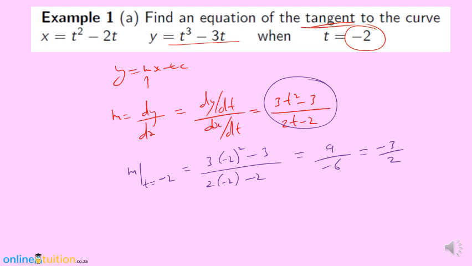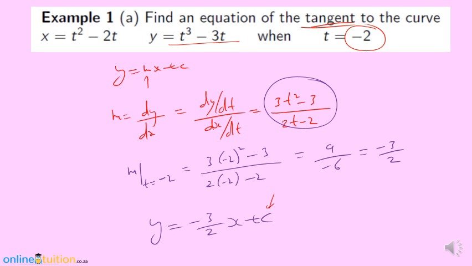So the tangent has equation y equals minus 3 over 2 x plus c. Whoa! Now we need to find c. How do we do that? Well, in school, if you remember, or way back in time, if we need c, we need an x value and a y value. So where do we obtain the x value and y value?